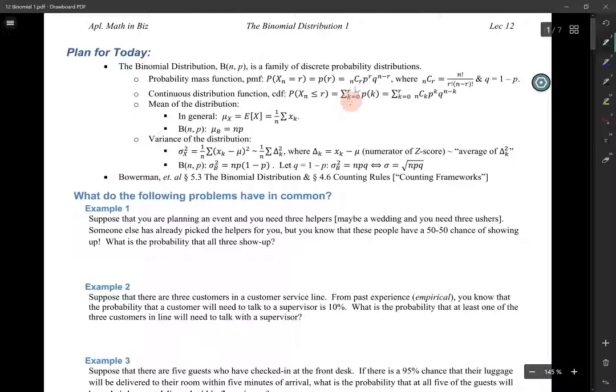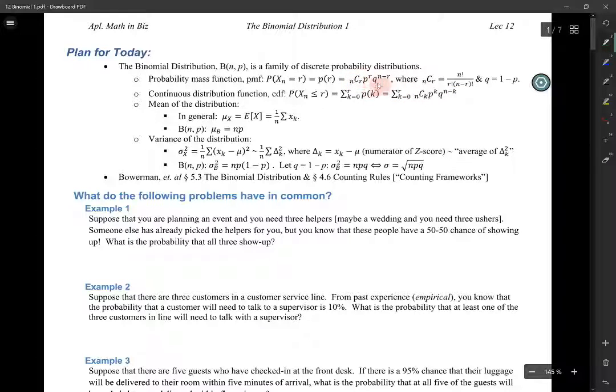It's possible to compute each of these probabilities with a formula, and we'll see if we can go through that today for the probability mass function. The CDF is just adding those up.